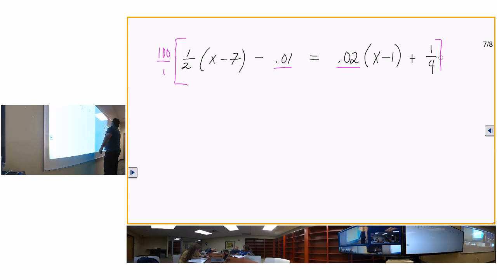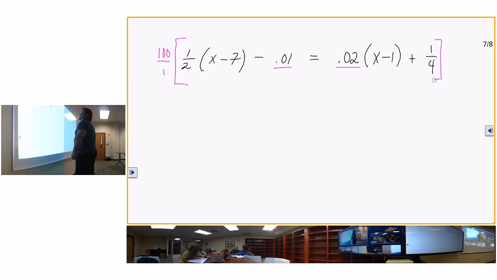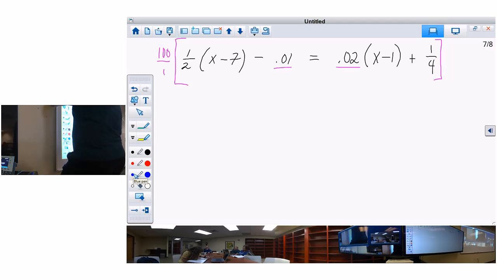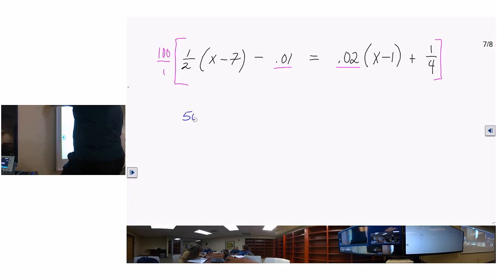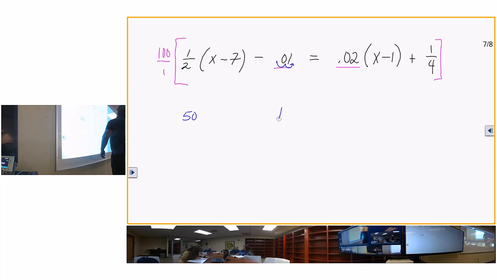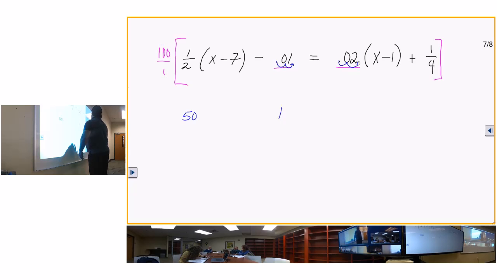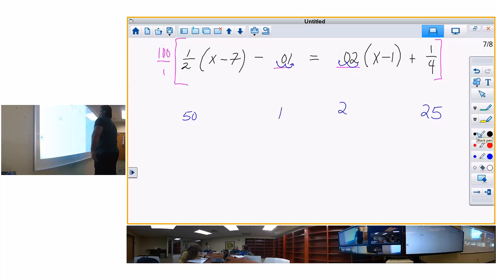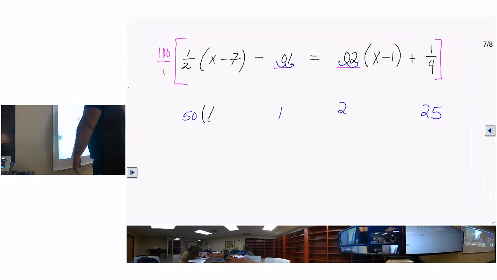So what's 100 divided by 2? 50. And what's 100 times 0.01? What's 100 times 0.02? What's 100 divided by 4? Now you can rewrite your equation.